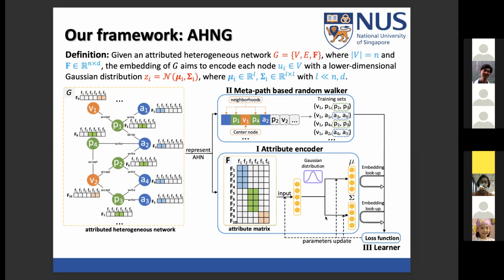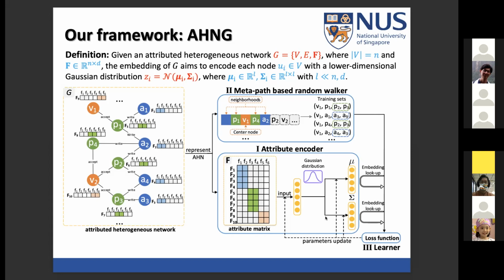So the question here is whether the mu and the sigma are what you want to learn, right? They are parameters. So in this case, you borrow some idea which is similar to VAE. Oh no, actually, they are not the same, they are different. In VAE, we use a Gaussian distribution to capture all the node distribution, right?